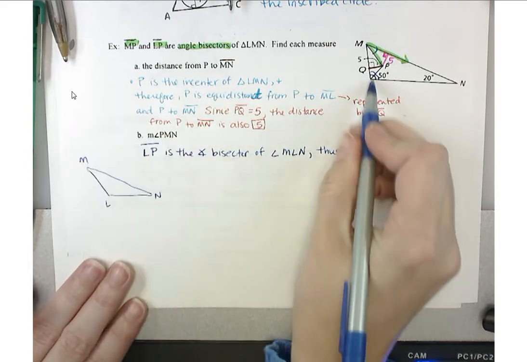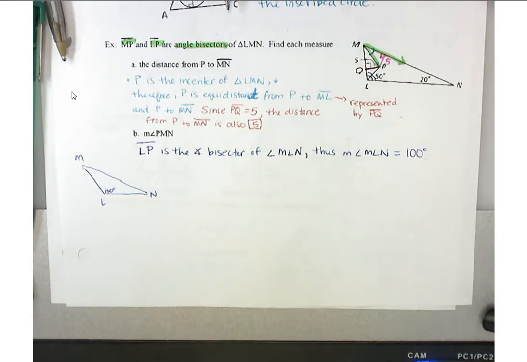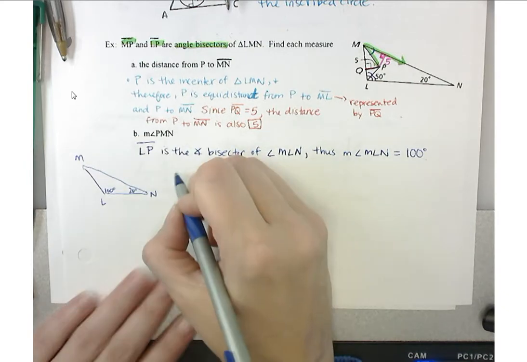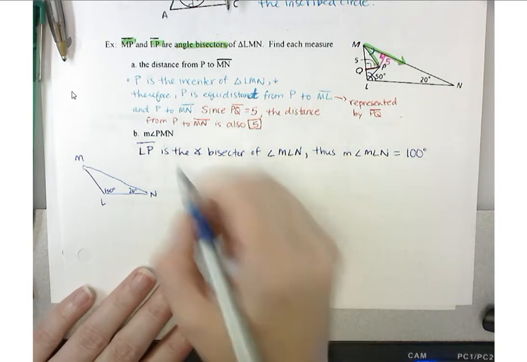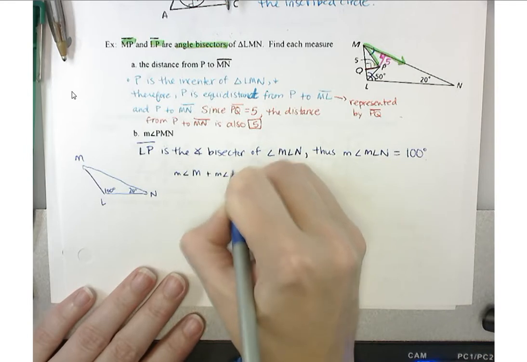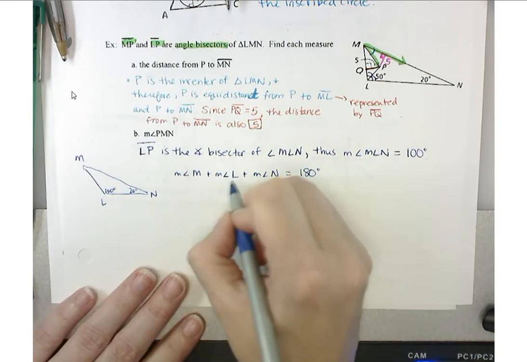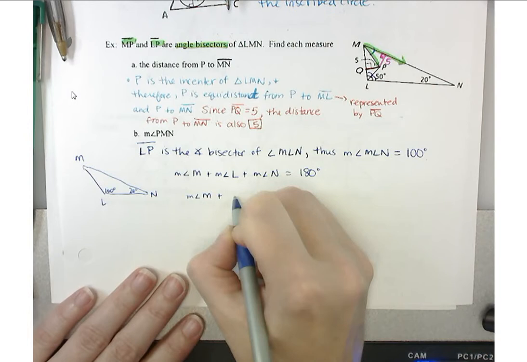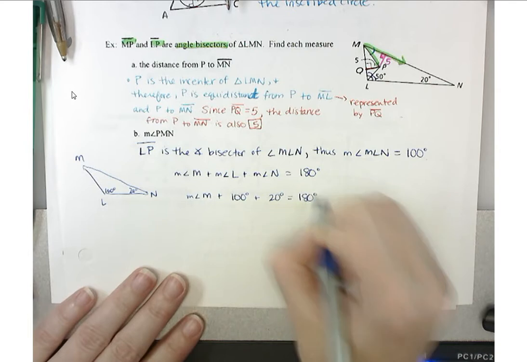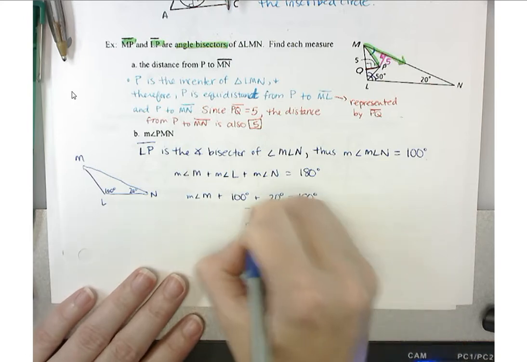So I just found out that this angle was 100. I already know angle N is what? 20. Right? So the measure of M plus L plus N has to be 180 degrees. Well, I already know that L is 100 and N is 20, which means angle M has to be what? 60, if I subtract 120 from both sides.